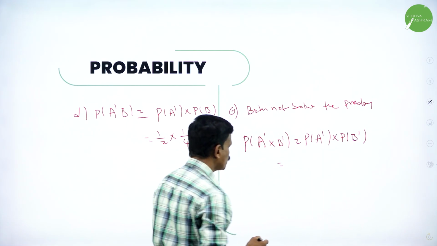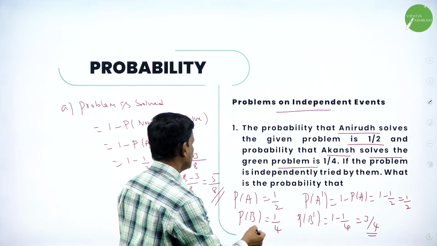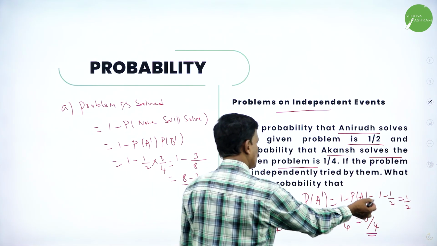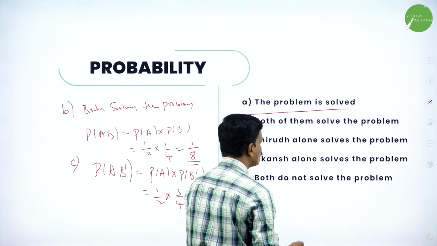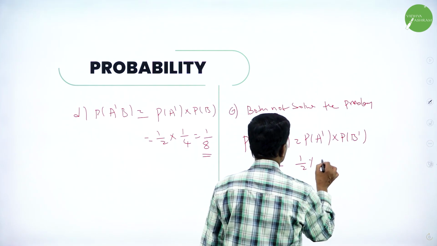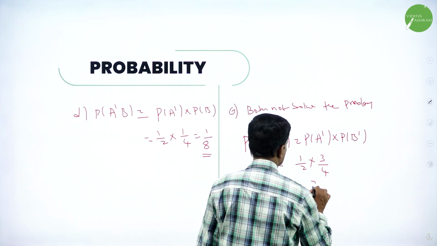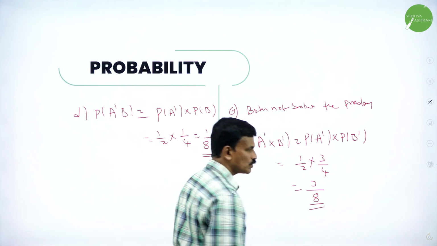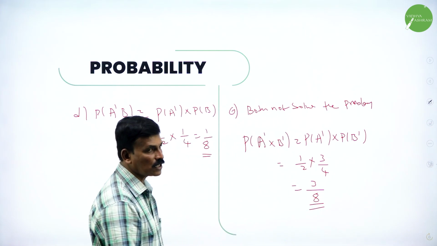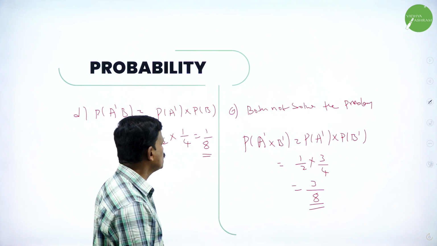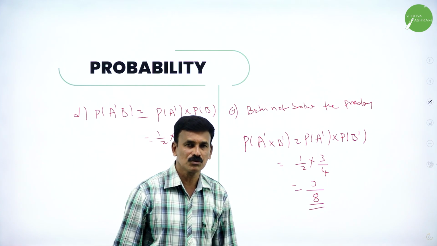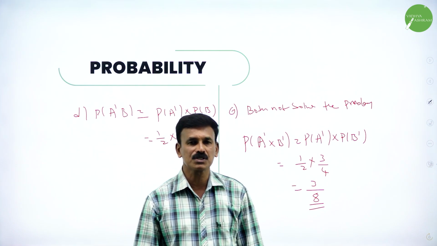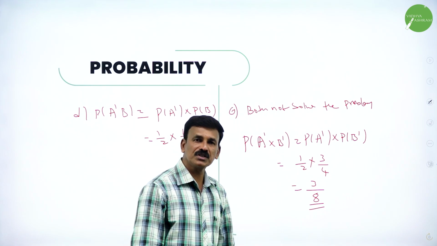So probability of A dash is equal to 1 by 2 and probability of B dash is 3 by 4. So this is 1 by 2 into 3 by 4, that is also equal to 3 by 8. So the probability of not solving the problem by both A and B is 3 by 8. That's it. Hope you followed. This is how we are going to solve this problem. Now, next, move on to the next problem.